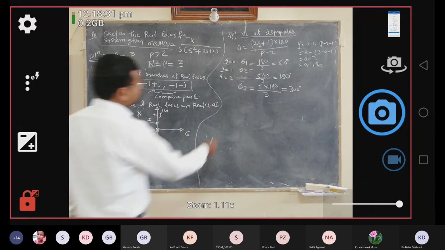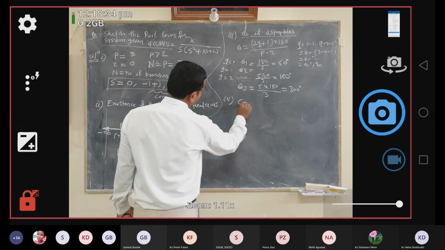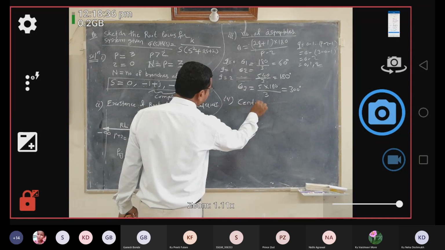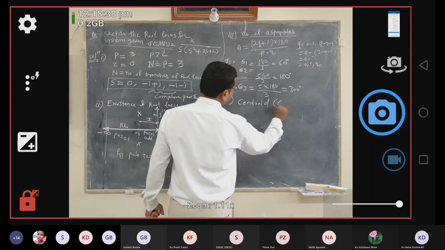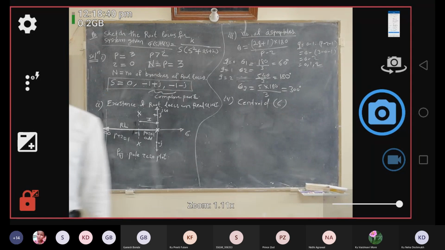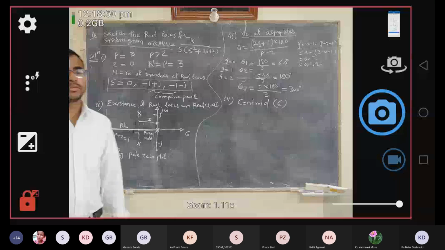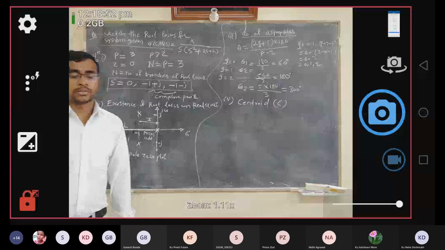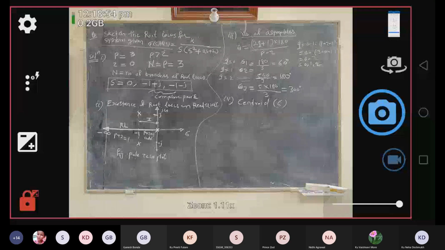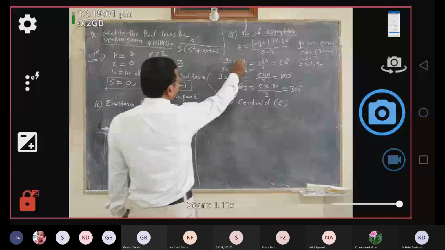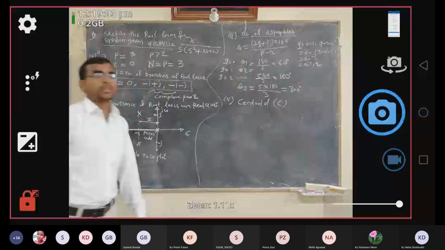Okay. Then next step, determine centroid. What is centroid? Centroid क्या रहता है? Centroid is the point where all these asymptotes angles meet together on the real axis.